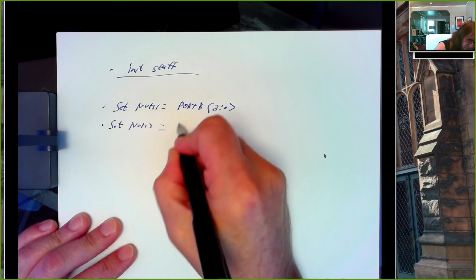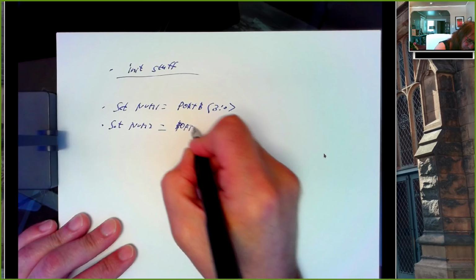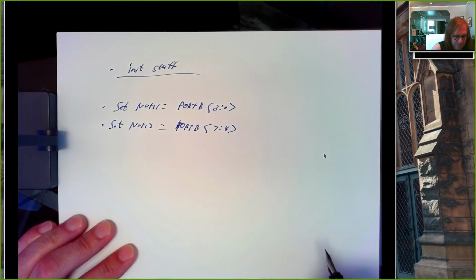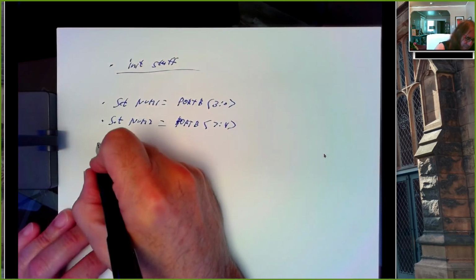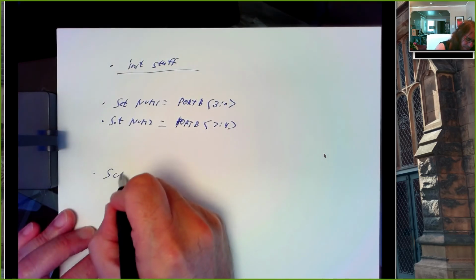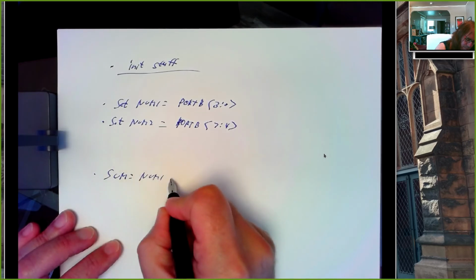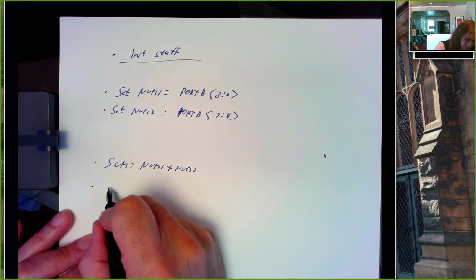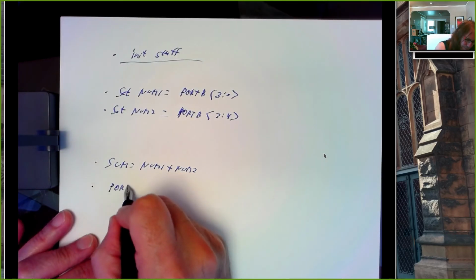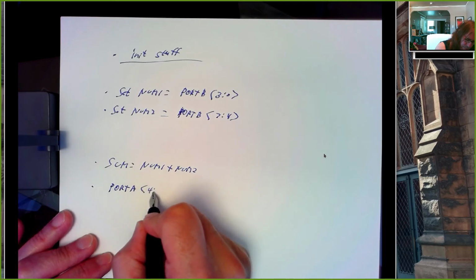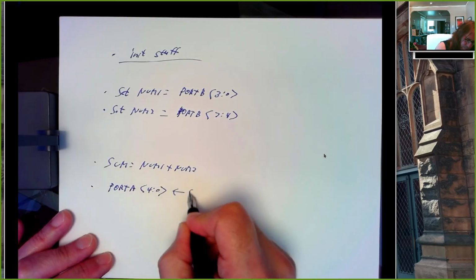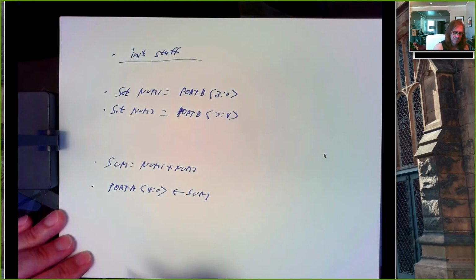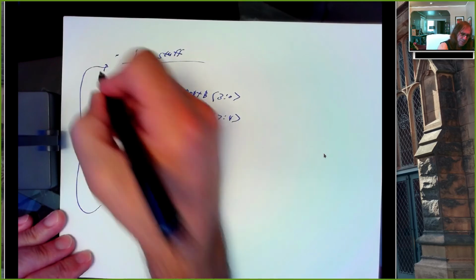Set num2 equal to port B bits 7 through 4. Set the sum equal to num1 plus num2. And then copy that to port A. And then go back up to the top.